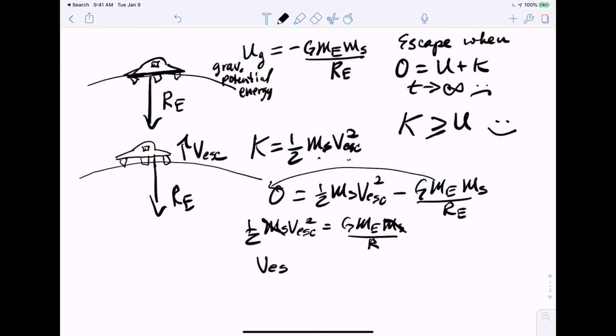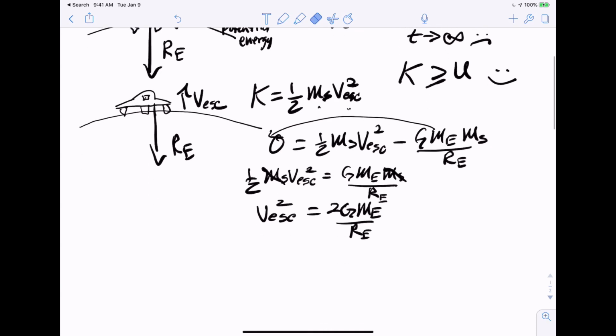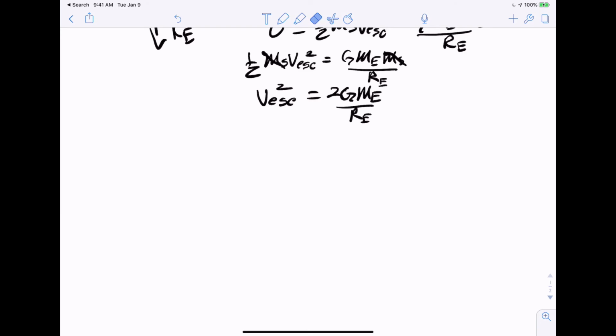So v escape squared is going to now equal 2G M Earth over R sub E. That's how far I am from the center of the Earth. So that really means that v escape is going to equal the square root of 2G M_E over R sub E.